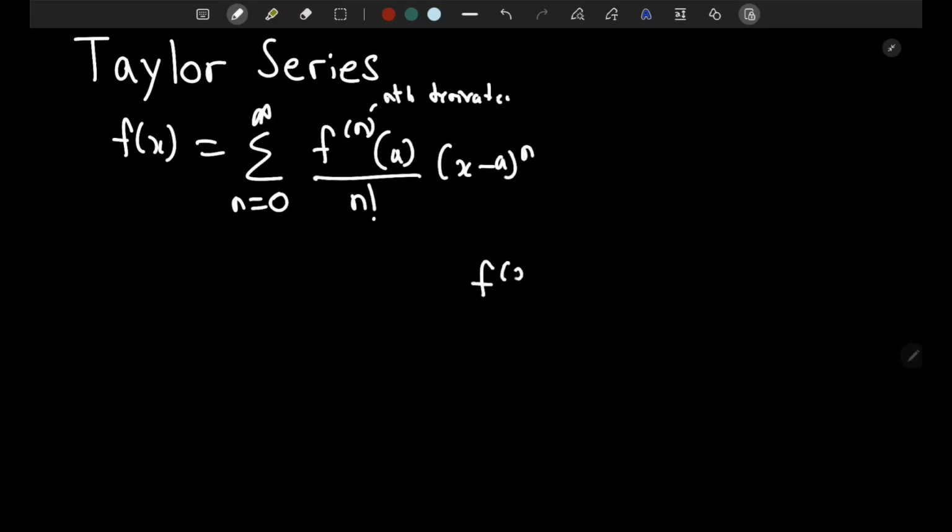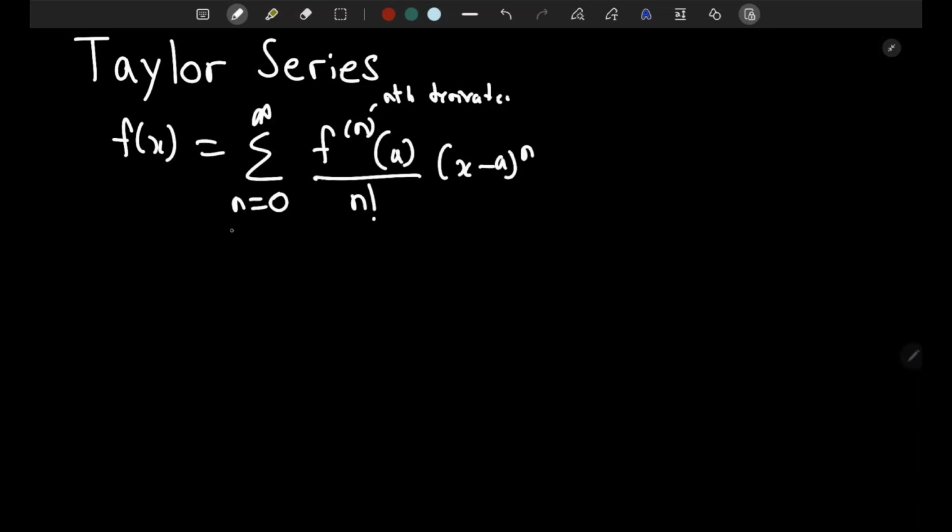So f of 0 at a will be the function itself at the value of whatever a is equal to. Now if it is f of 1, it's going to be the first derivative at a, and if n is equal to 2, it's the second derivative, n is equal to 3, it's the third, and so on. So once we start doing examples, this will be more clear for you.